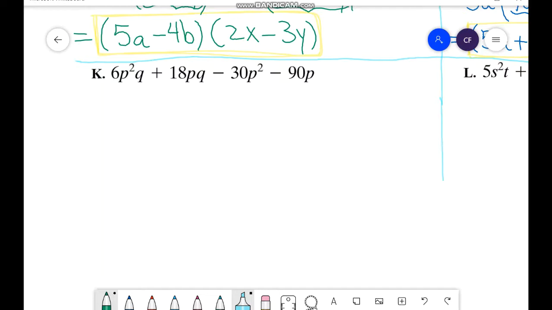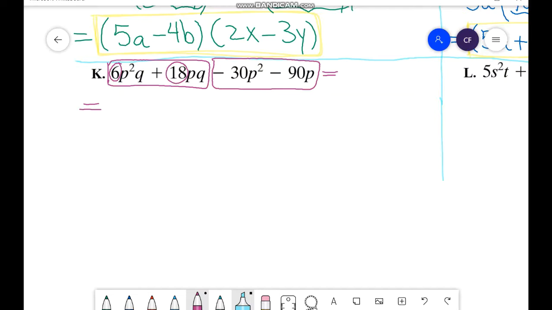Okay, we have an extra step. I like to start the usual way, by splitting in 2 pairs. And then on the first pair, we can factor out, well, these are the numbers, right? We have 6 and 18 is 3 times 6, so we can factor out 6.